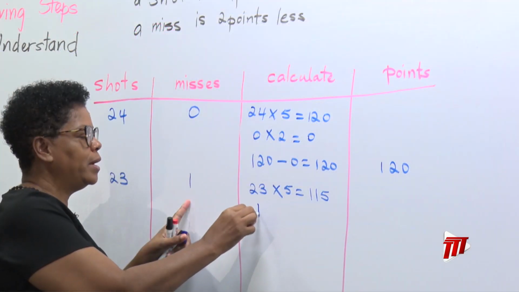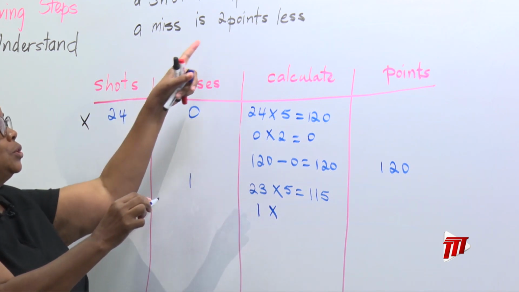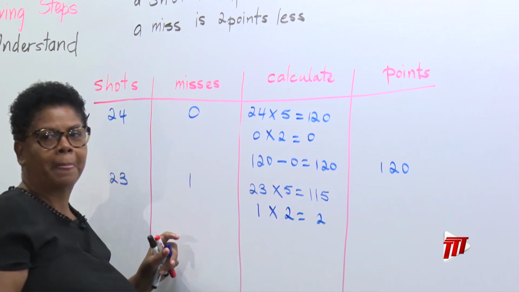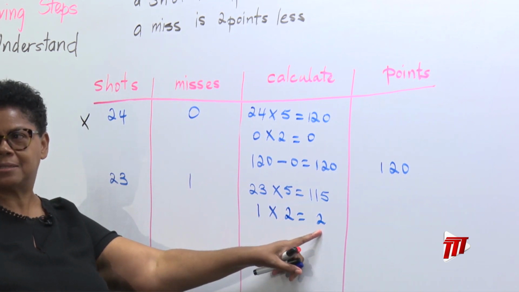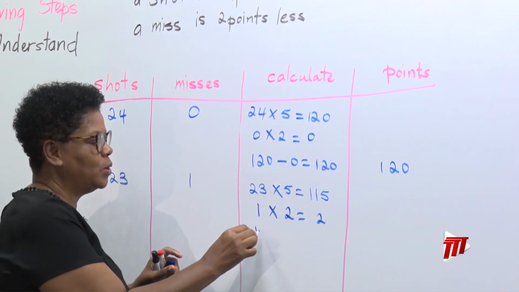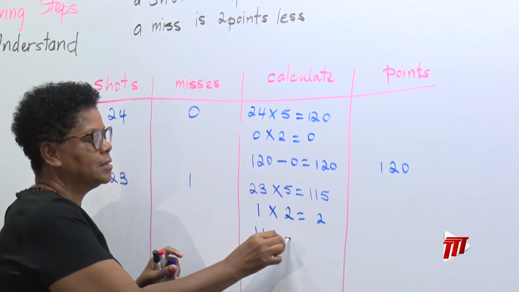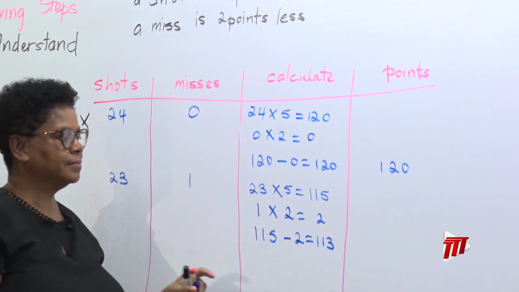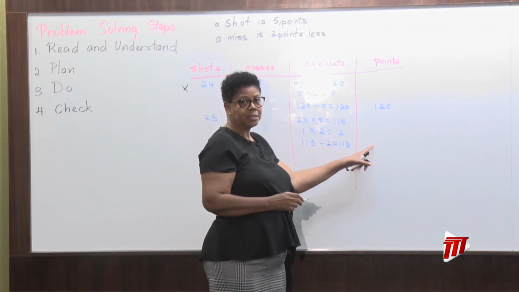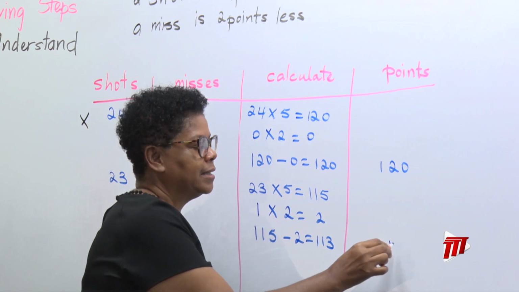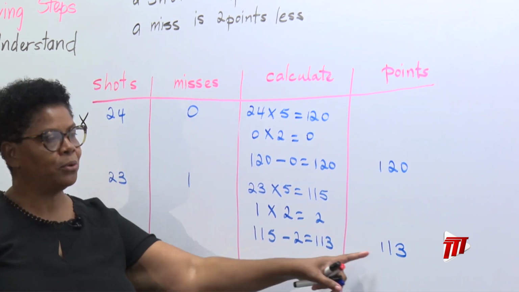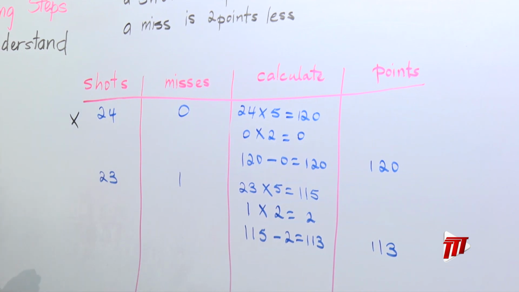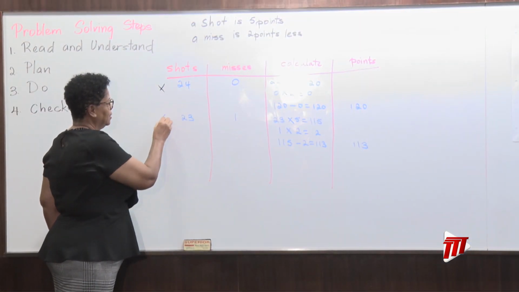So that would be 1 multiplied by the 2 points, which will be 2 points. But since this is 2 points less, we'll have to subtract it. So 115 subtract 2 will be 113. So it meant that her points would be 113. But her points is not 113. It's 57. So this is wrong.